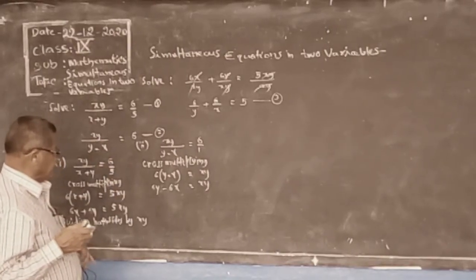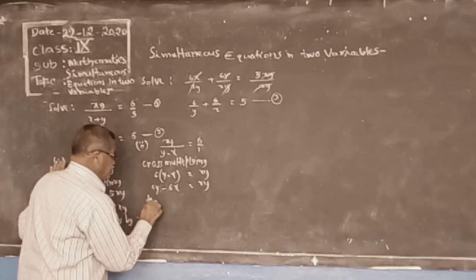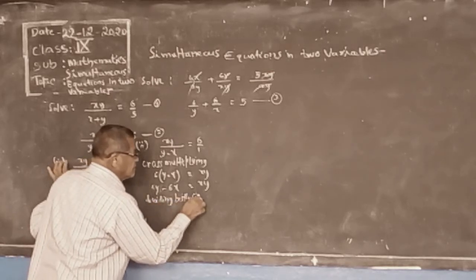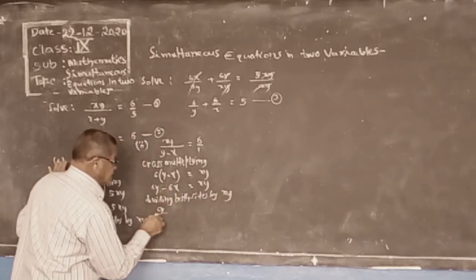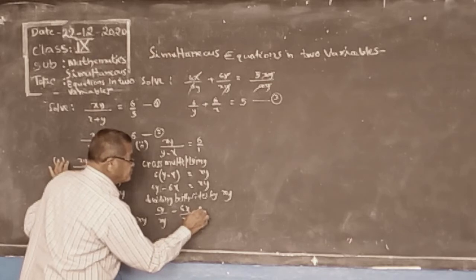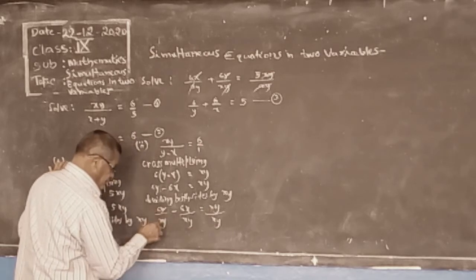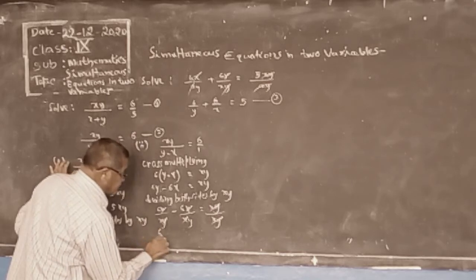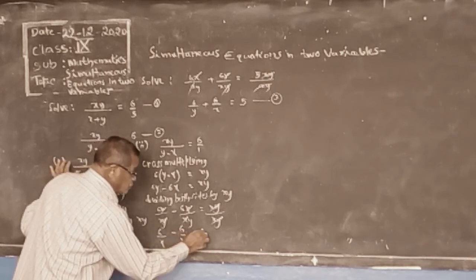Dividing both sides by xy, 6y by xy minus 6x by xy is equal to xy by xy. Here y cancels, x cancels, xy cancels. So we get 6 by x minus 6 by y is equal to 1.